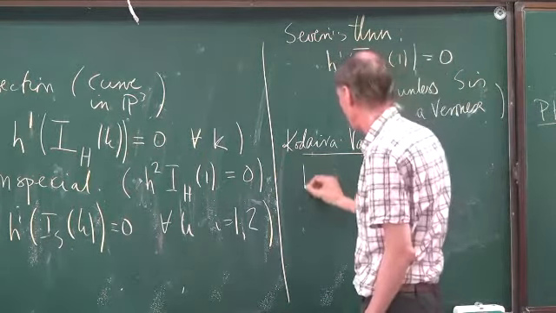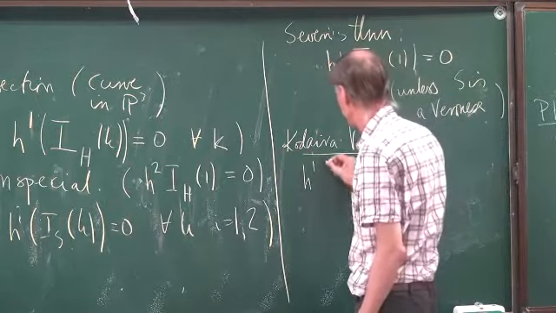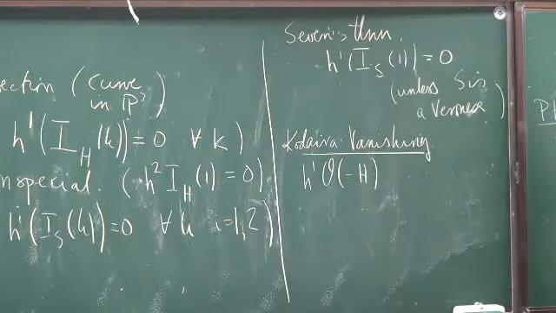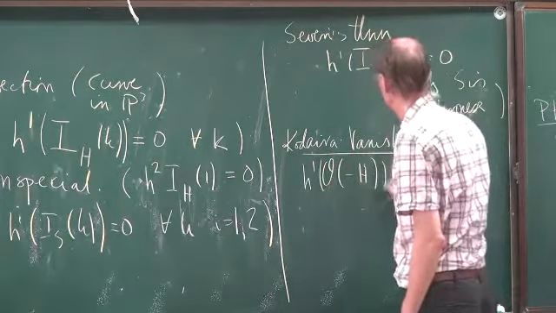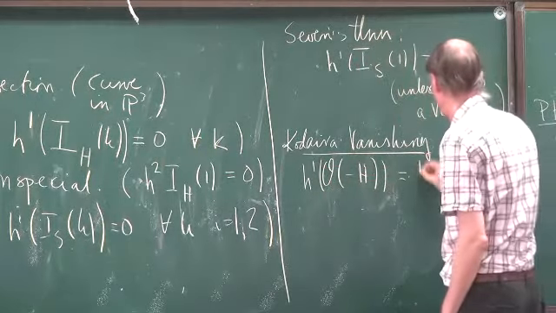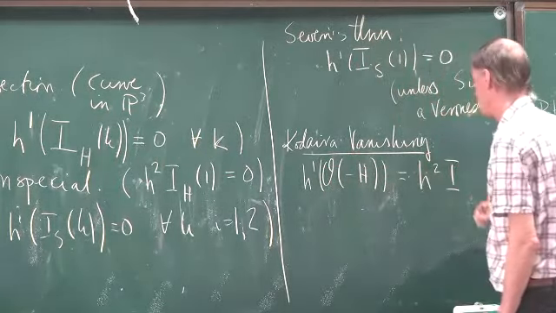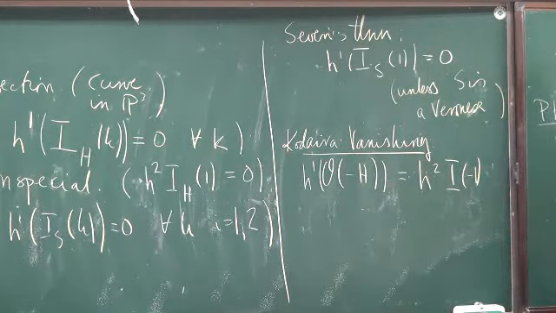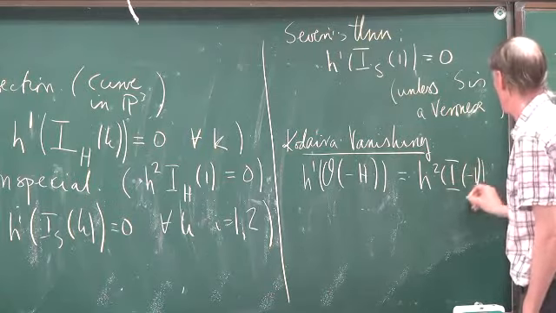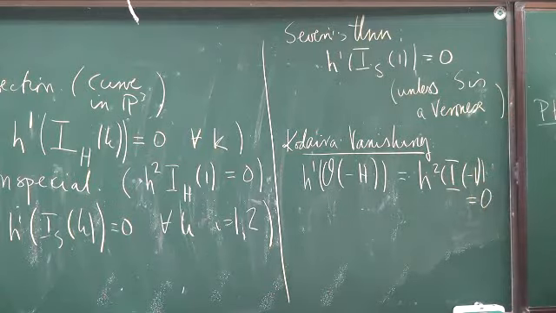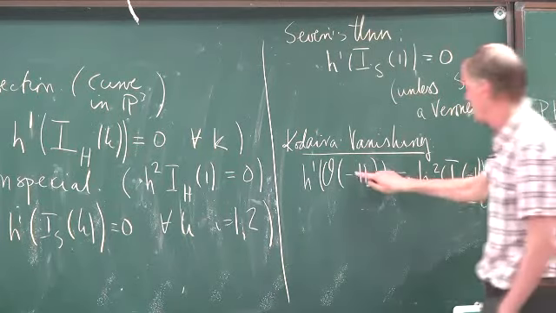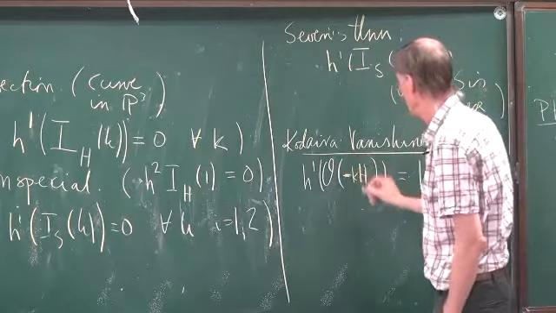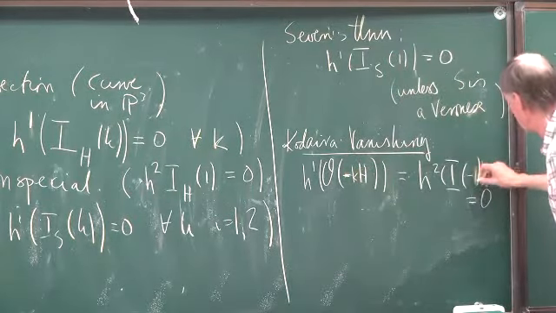Well, that is that H^1 of O of minus H, which is the same as H^2 of the ideal sheaf twisted by minus 1, is 0. And actually, I could have put a K there and a K there with K positive.